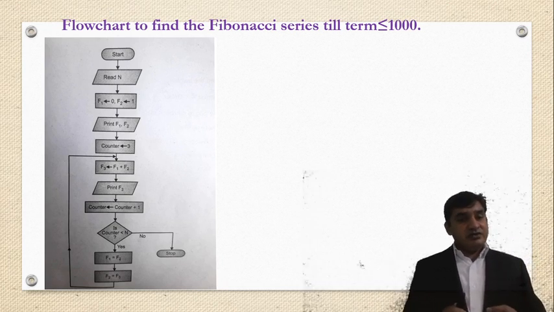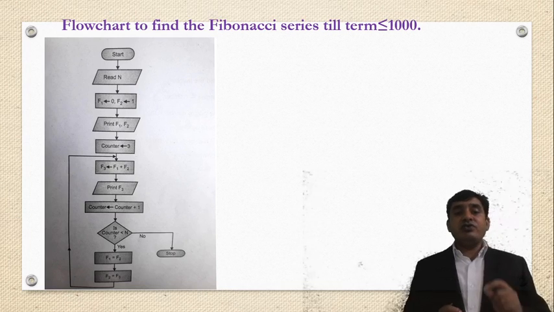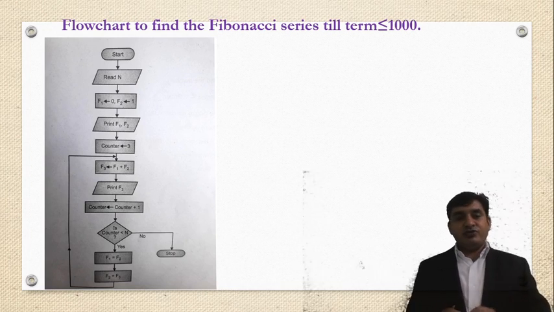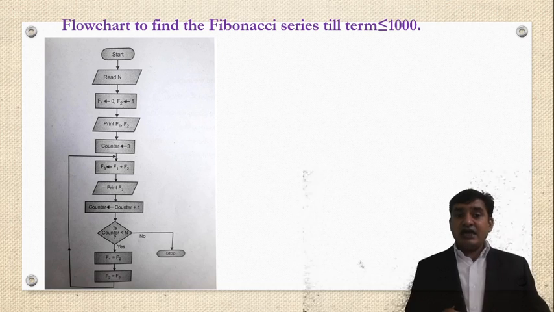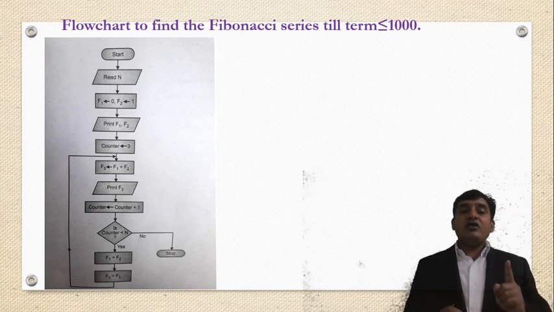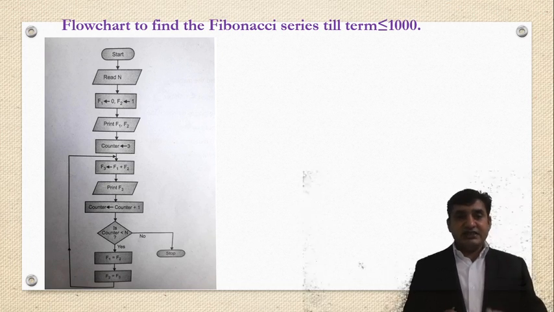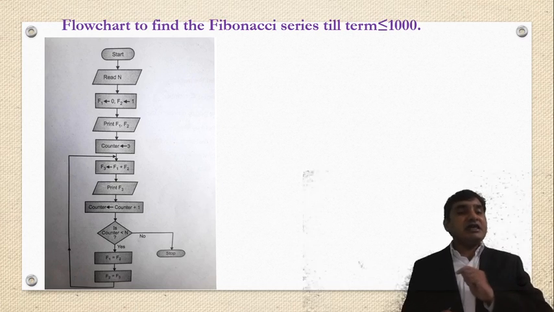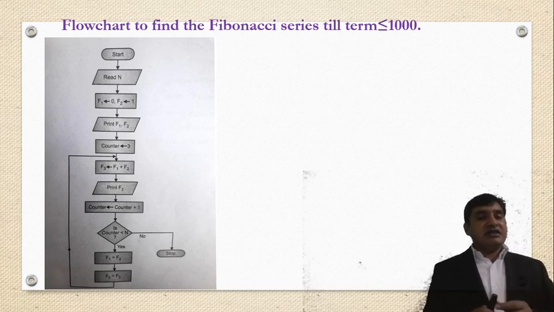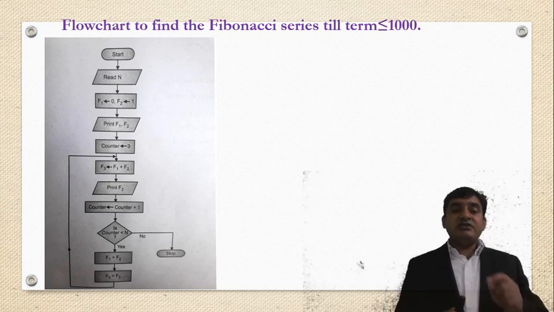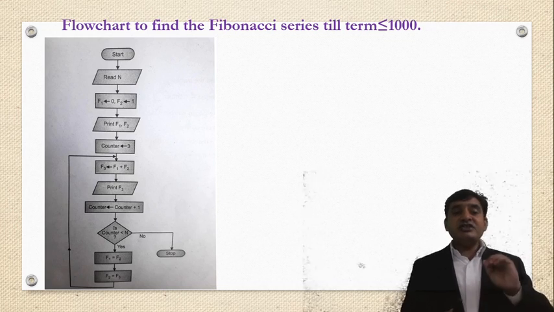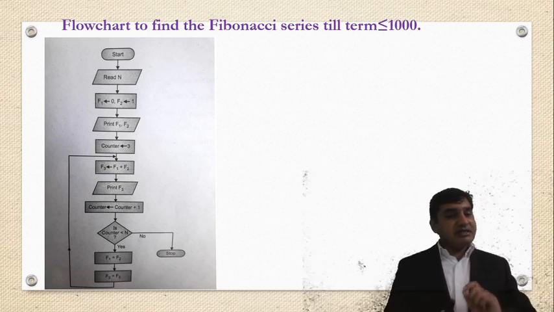Now f3 is equal to f1 plus f2, that is, add the first term and the second term of the Fibonacci series, and it is considered as f3. Print f3. This f3 is the third term of the Fibonacci series.